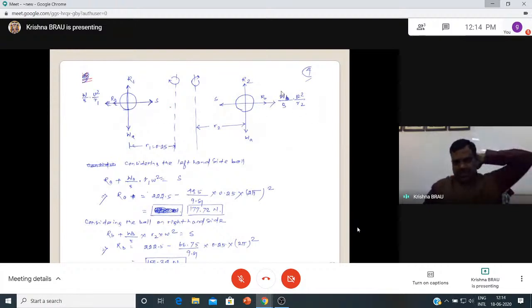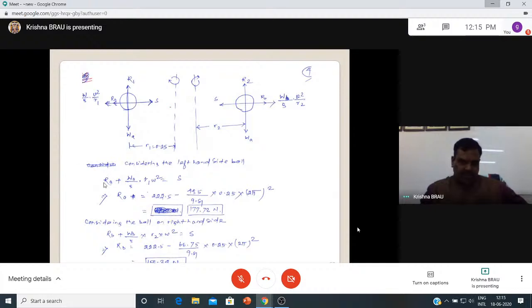Here also RB and the normal inertia force, and this is the tension in the cable. The block consists of these two in one direction and this opposite, so this plus this is equal to m r omega squared.